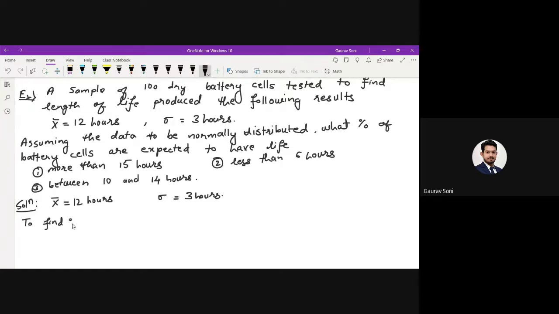So, first of all, I will have to find the probability of x greater than 15. Next, probability of x less than 6. And third one, probability of x between 10 and 14, so 10 less than x less than 14.